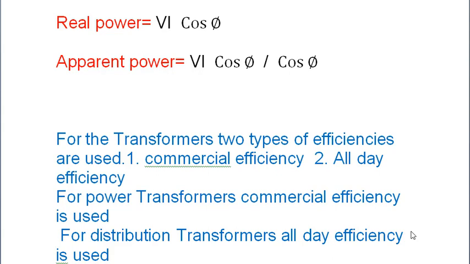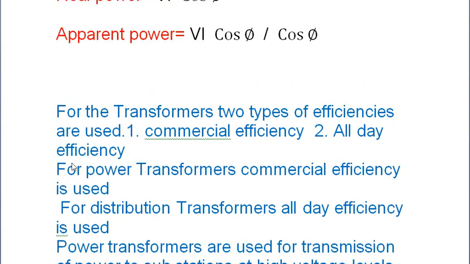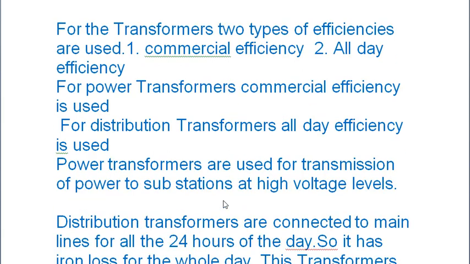Then we get the all-day efficiency of the distribution transformer. It is always less than the commercial efficiency, because the copper loss is not constant in distribution transformers.